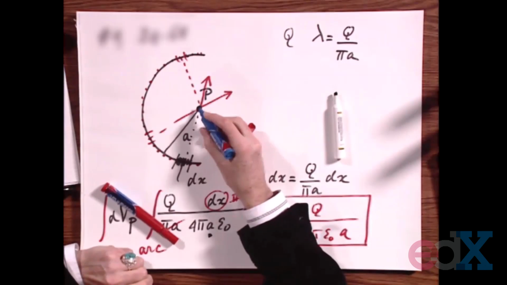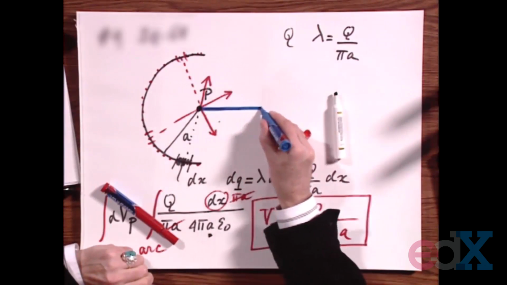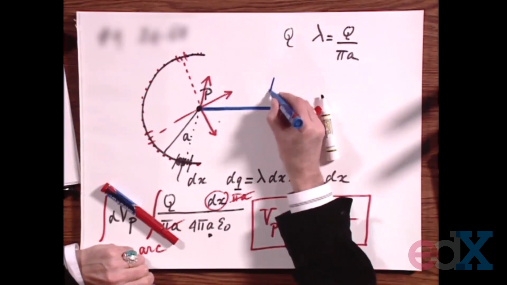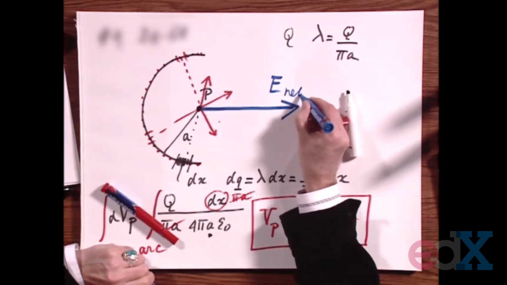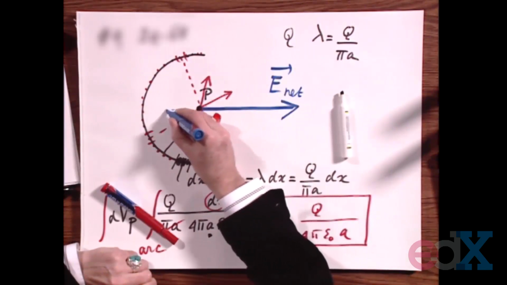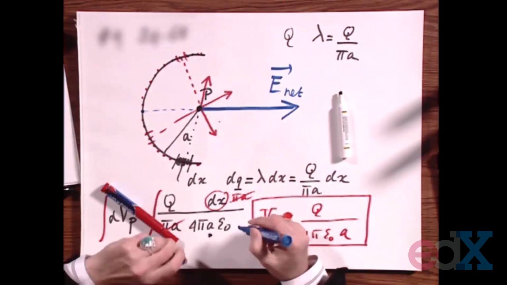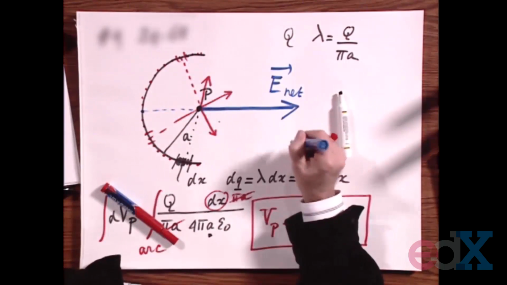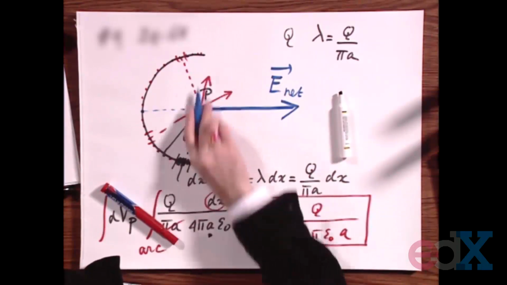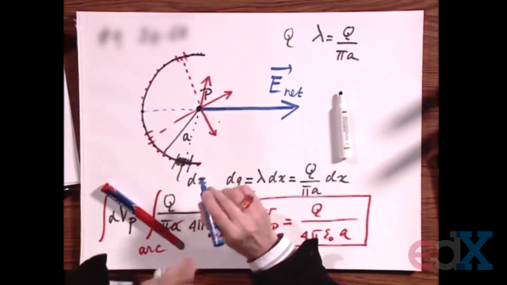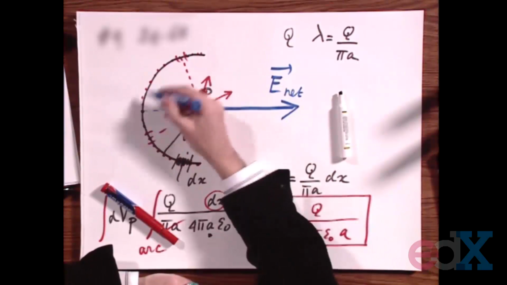And I will help you a little bit that the net E vector, I claim, must be in the direction E net, which goes right through the center of this arc. And the reason for that is that it's clear that the y components, if I call this the y components, will cancel because of the symmetry of the problem.